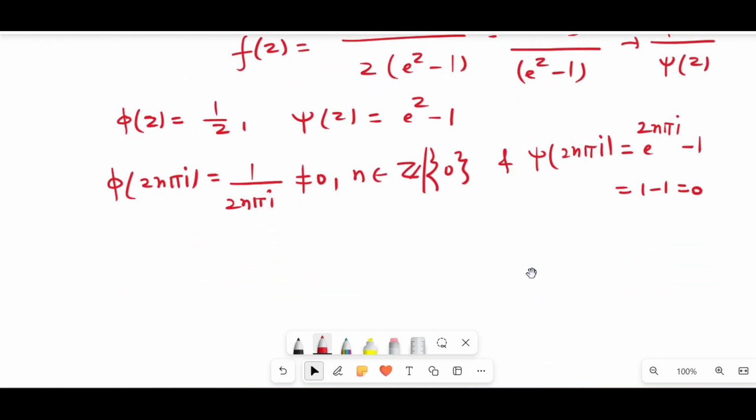So now we need to find the derivative. Differentiate this psi with respect to z. It will give e to the power of z. It implies the value of derivative psi at 2n pi i will give 1, which is non-zero.